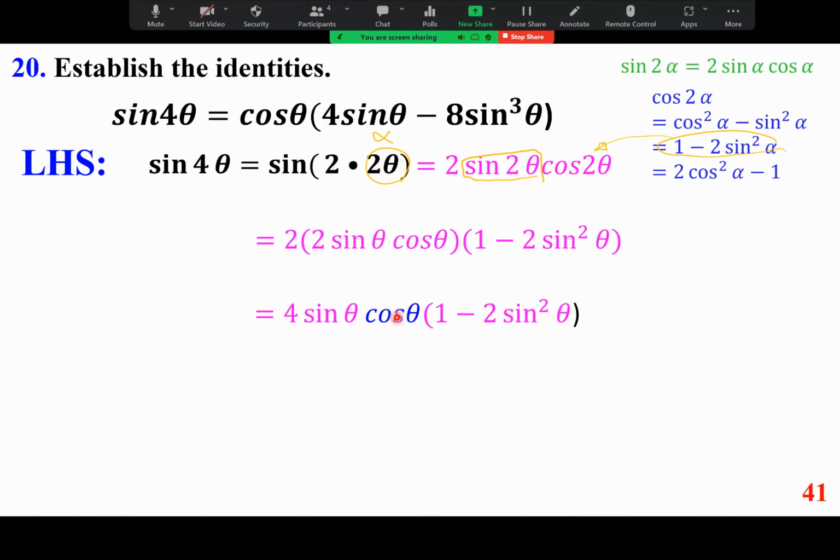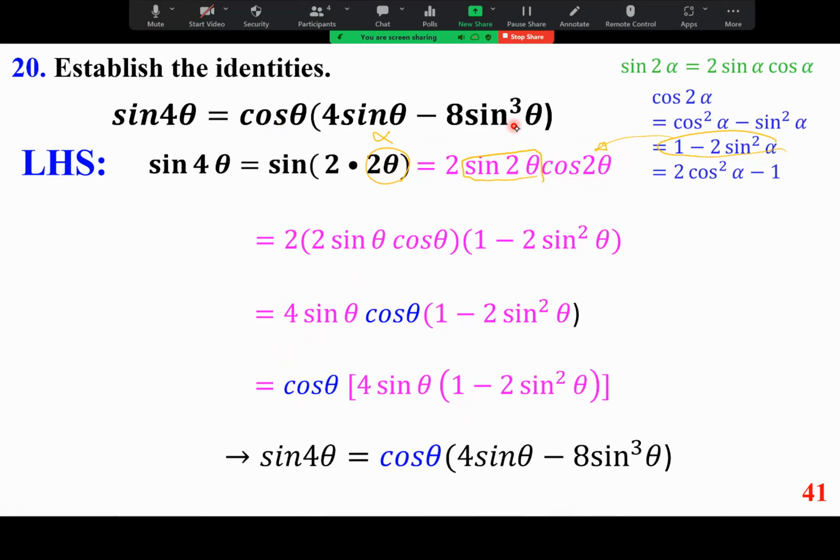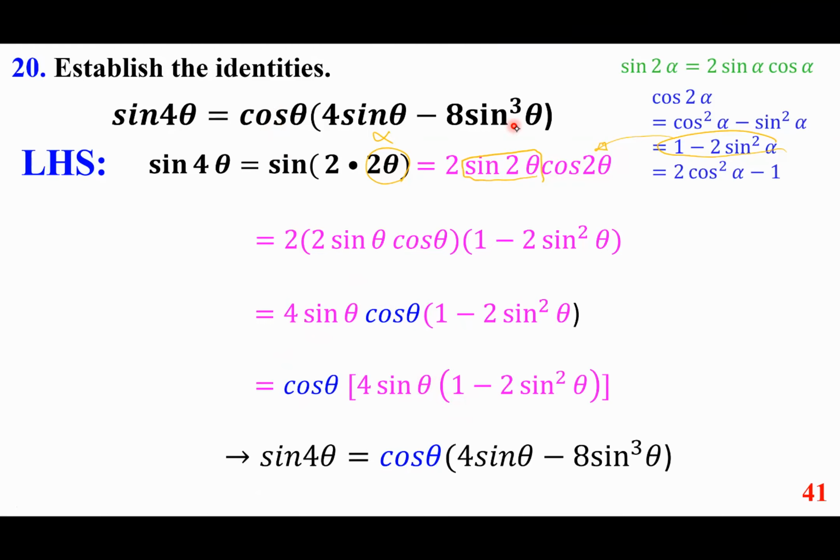So if I take the cosine theta out, this is 4 sine theta times this part. Because remember, I want to make it look like that. So I have the cosine theta. If I put the 4 sine theta in by multiplication, I get 4 sine theta minus 8 sine cubed. And I'm done. Okay. Again, this is one way to do it. There may be other ways, but this is one way to handle it.